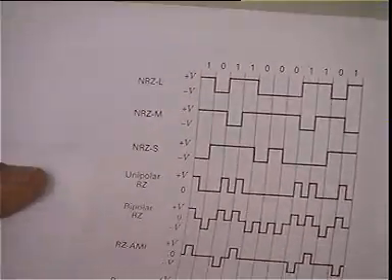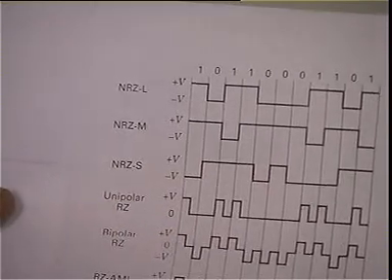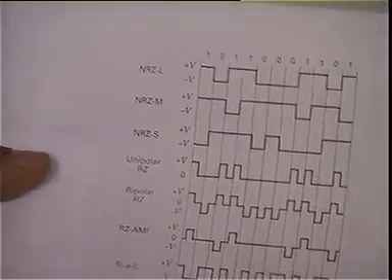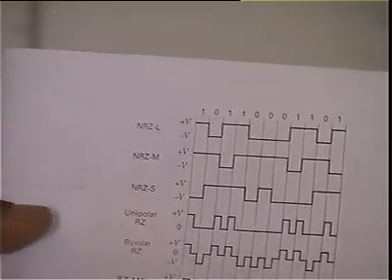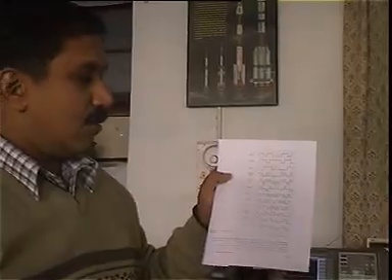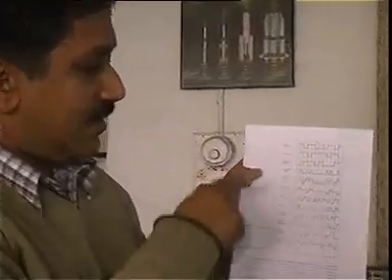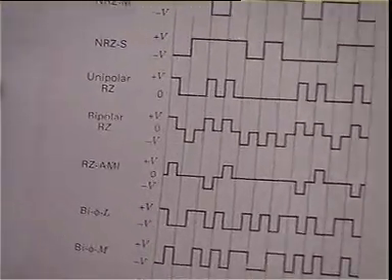So wherever you encounter a 0, there will be a transition from low state to high state or high state to low state. That is NRZ-S. Now whether it is NRZ-L, NRZ-M or NRZ-S, you should remember that the bit period is completely occupied. On the other hand, I have something called unipolar RZ, that is unipolar return to 0.